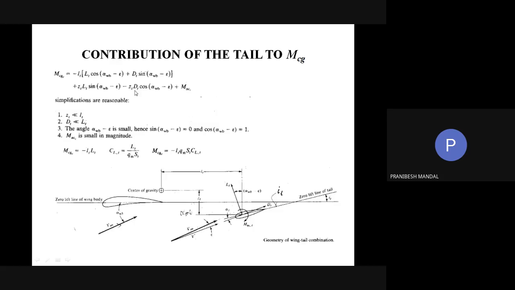We may say that ZT is small, DT is small, so the multiplication is even smaller, so we omit it. But still, ZT terms are by default omitted. Is that clear? Yes, sir. So only one term is left behind.